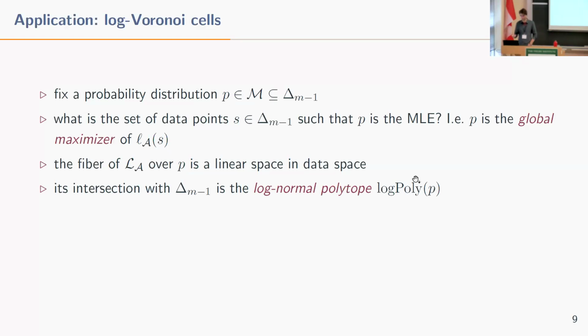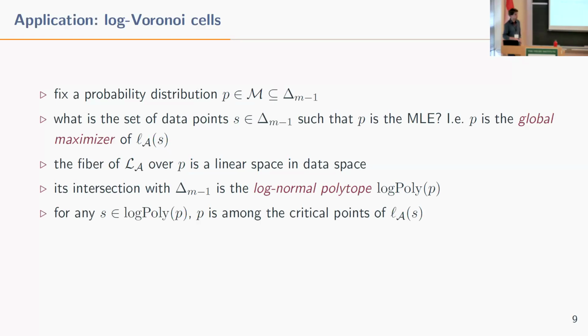So what's the interpretation of this log normal polytope? It means that for any data point you pick here, and then you look at the log likelihood function for this particular data, then P will be among the critical points of the log likelihood function. So it is one of the critical points, but it might not be the global maximizer.